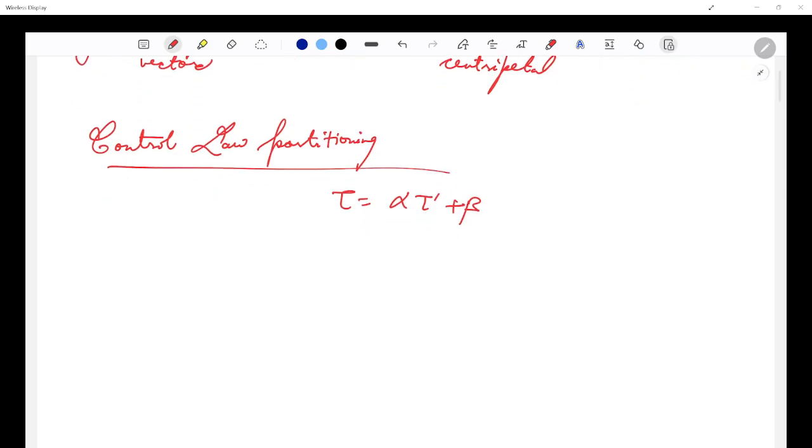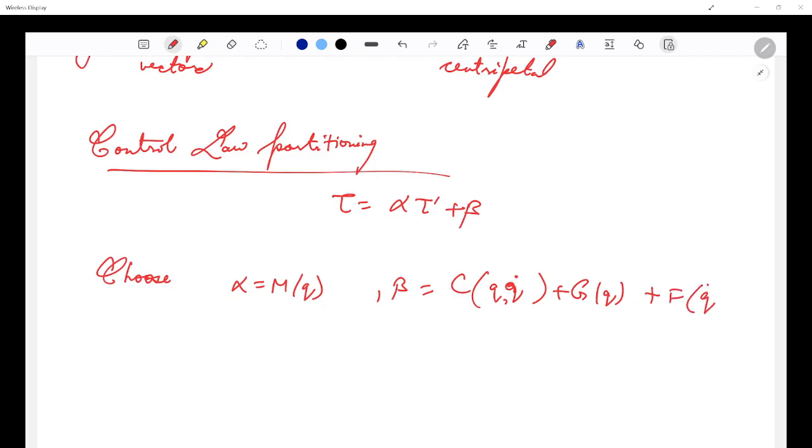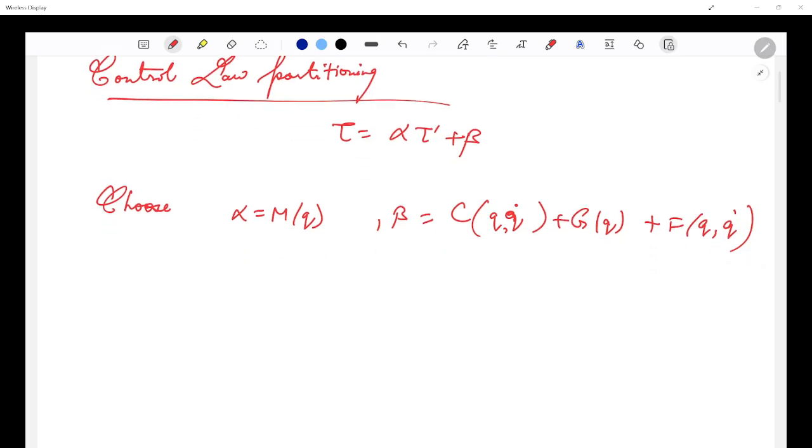What do we choose? We choose alpha equal to M(q) and beta equal to C(q, q dot) plus G(q) plus F(q, q dot). If we substitute this into the dynamics, what would happen?